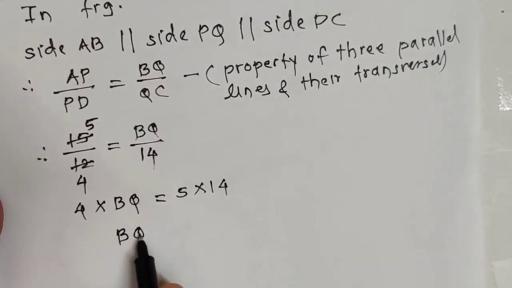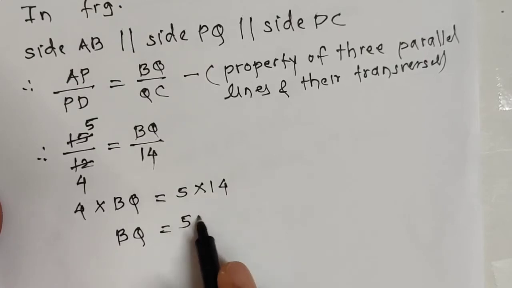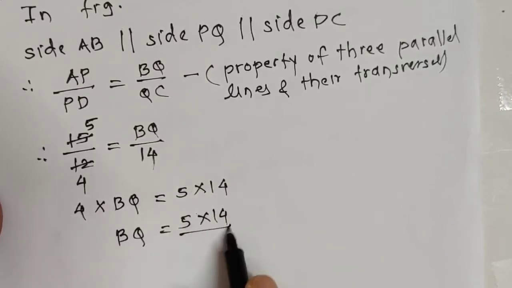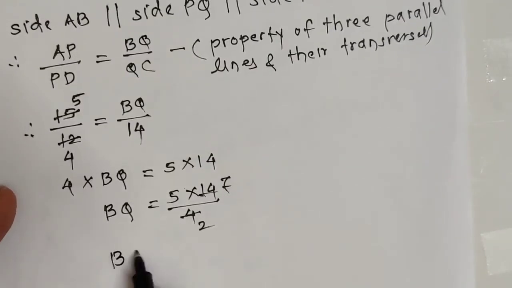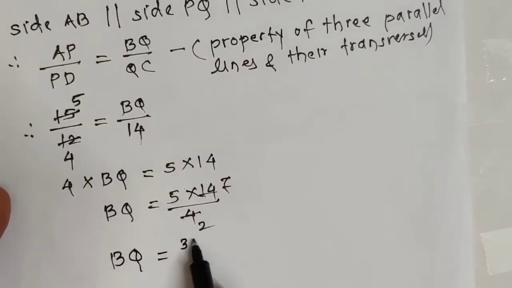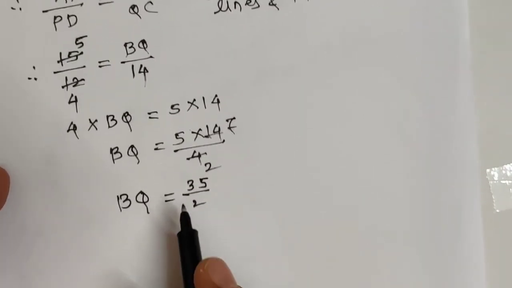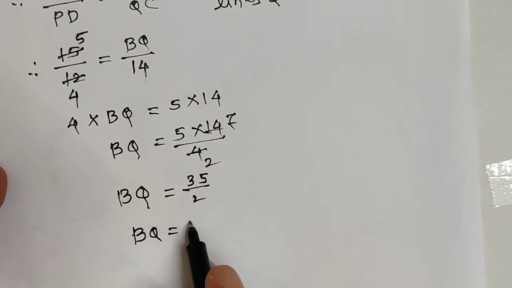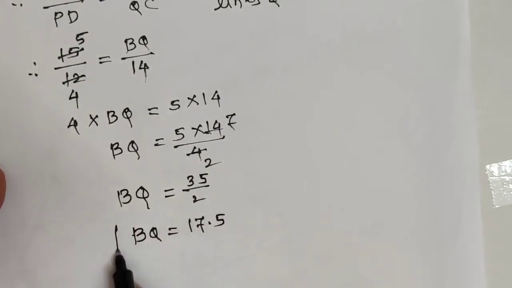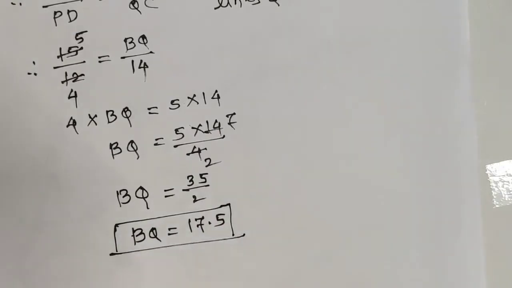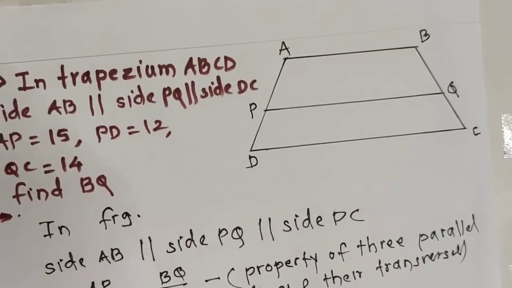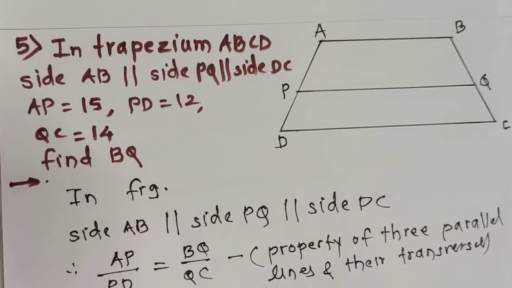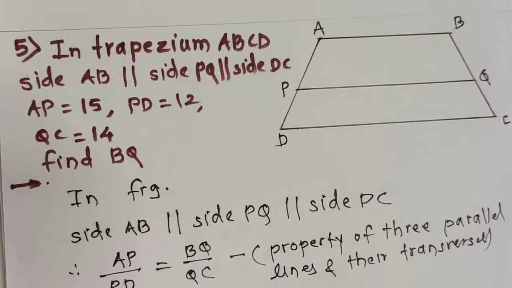So BQ becomes 5 into 14 divided by 4. 2 twos are 4, 2 sevens are 14. So BQ equals 7 fives are 35 divided by 2. So we get BQ equals 17.5. So in this way we can find BQ using the property of three parallel lines. These are the applications of those previous properties. Now let us see the next sum.